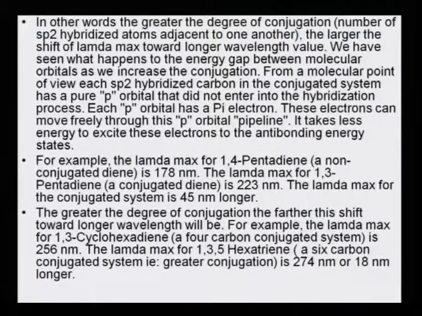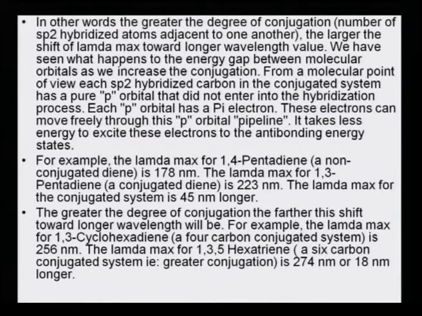We have seen what happens to the energy gap between the molecular orbitals as we increase the conjugation. From a molecular point of view, each sp2 hybridized carbon in the conjugated system has a pure p orbital that did not enter into the hybridization process. Each p orbital has a pi electron. This electron can move freely through this p orbital pipeline.